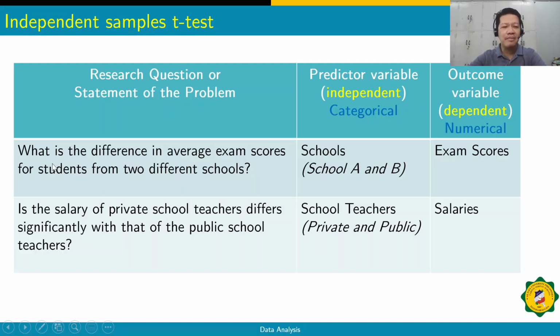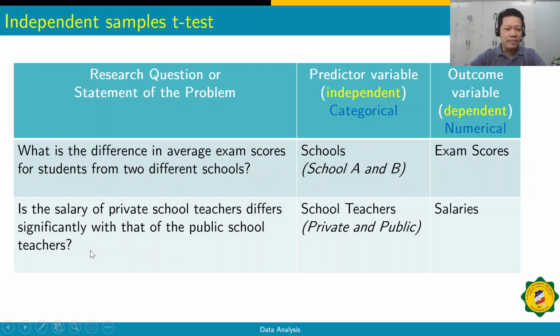For example, the research question is, what is the difference in average exam scores for students from two different schools? Our independent variable is categorical, that is school, and we have two groups, school A and school B. And the dependent variable should be numerical or quantitative, that is the exam scores. So that's correct. You can use independent sample t-test.